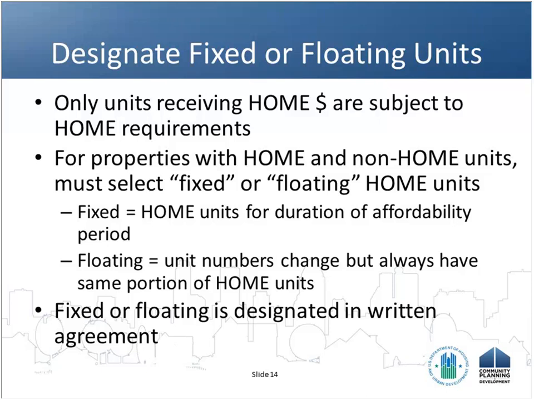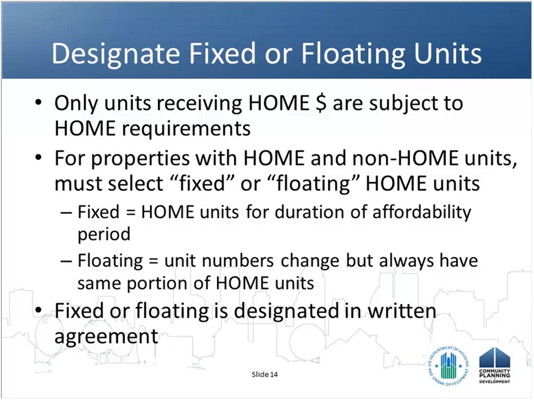The other option for the PJ is to designate floating. In this way, we would designate that we have a certain number of 2-bedroom, certain number of 3-bedroom units, but they can float amongst comparable units in that project.